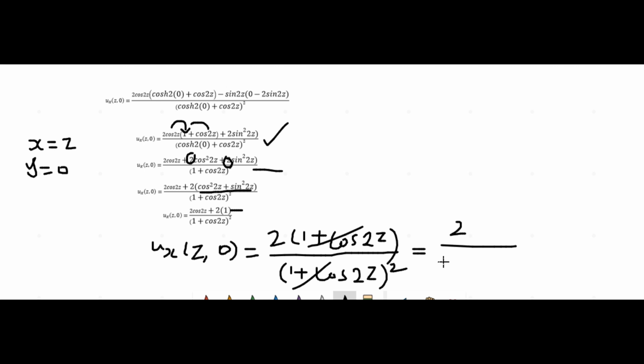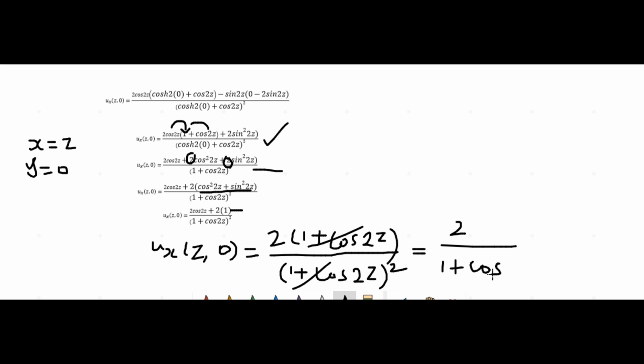So the denominator is 1 plus cos 2z the whole square. Now you cancel the common term in both numerator and denominator. Finally we get only 2 divided by 1 plus cos 2z.